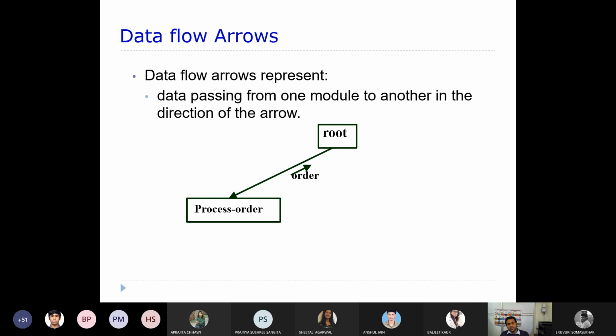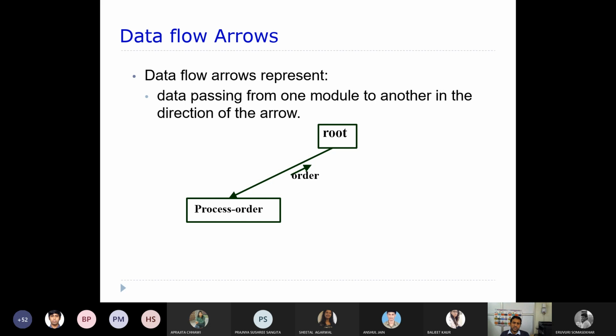Along with this execution, you can represent data by a small arrow over that particular edge, which represents data flow.